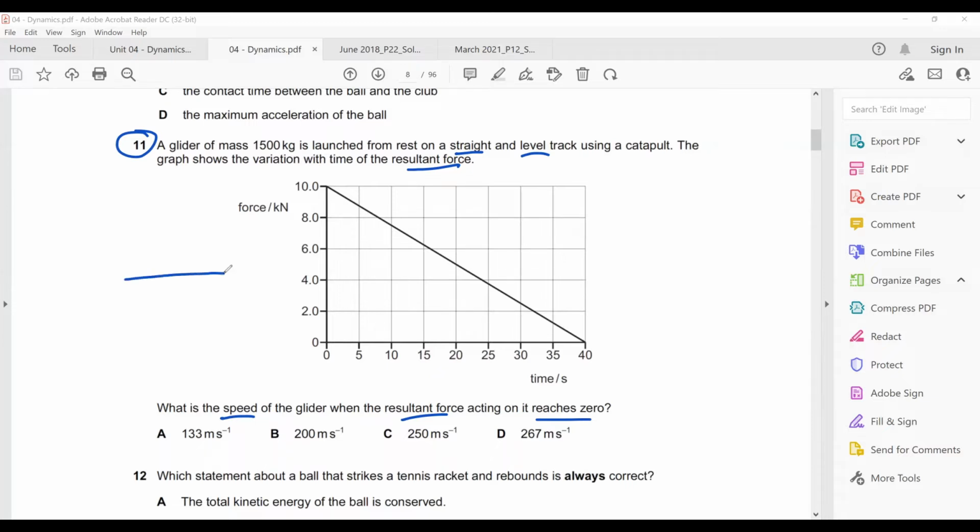Hang on, let me just, okay, here is your little object. It was at rest, so it's 0 meter per second, and then after that you want to find the v here.